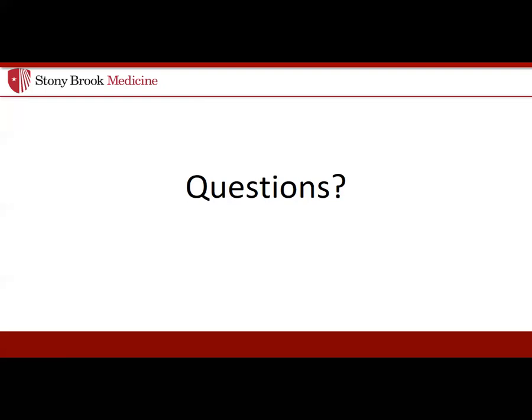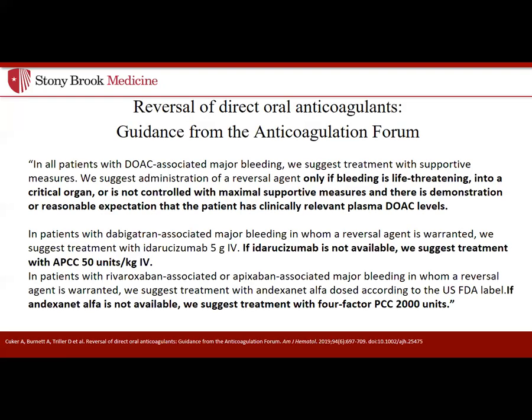Let me go back. Yeah, so it is still a 4-factor. The 4-factor is 2, 7, 9, and 10, but the APCC is still 4-factor, but it's 2A, 7, 9, and 10. It's just a different type of factor 2 that's going to be given.